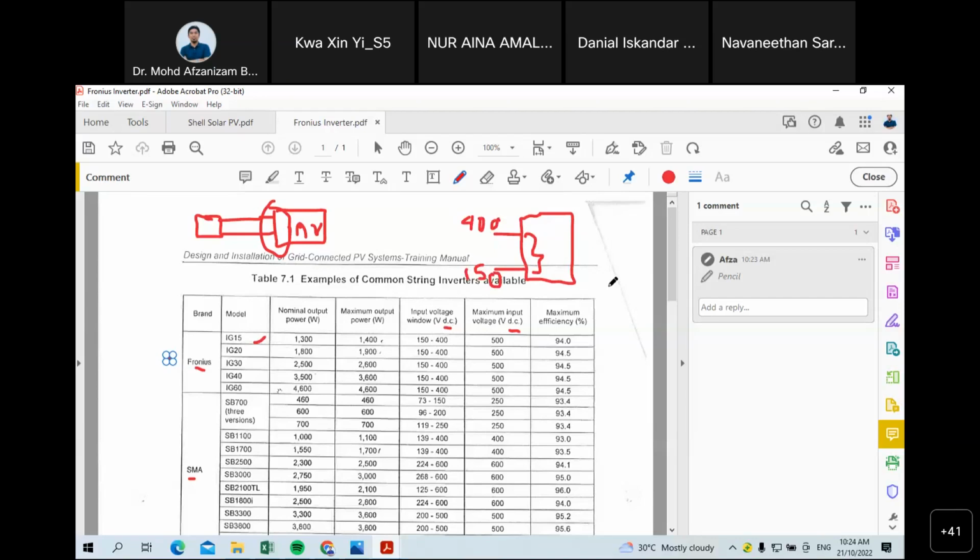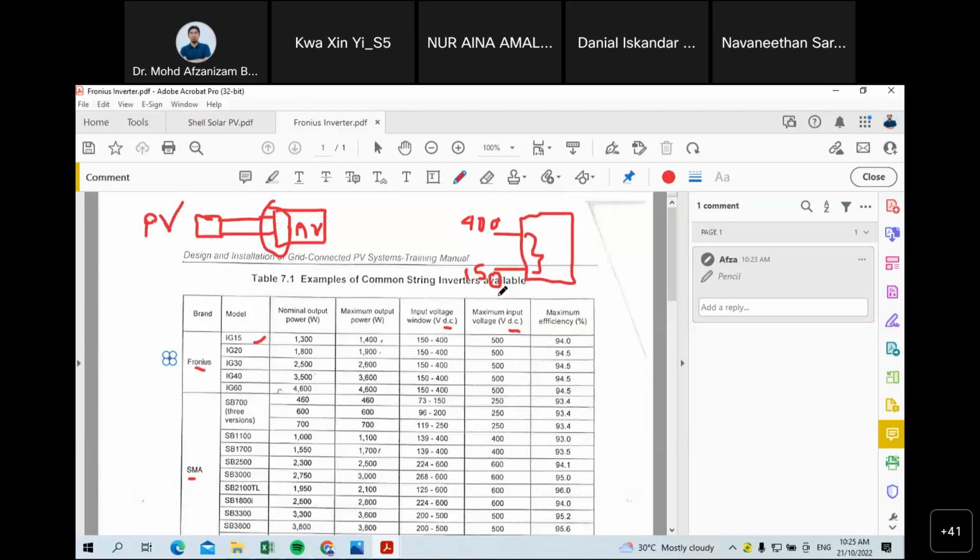All right. And then what we are trying to do is ensure this arrangement or configuration of the array from the PV should not exceed 400 and should not be less than 150.